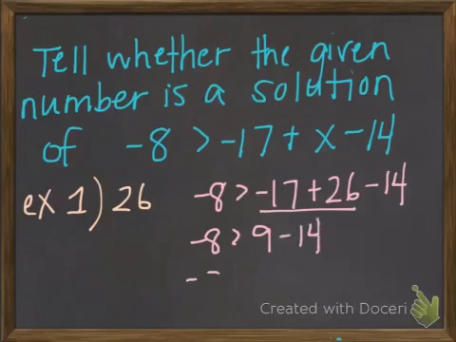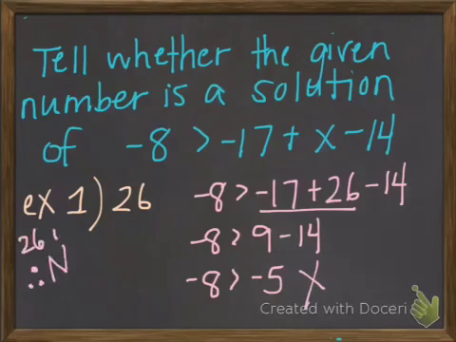So then I get negative 8 greater than negative 5. So then I'm thinking, is that true? Is negative 8 greater than negative 5? And no, it's not. So therefore, 26 is not a solution.